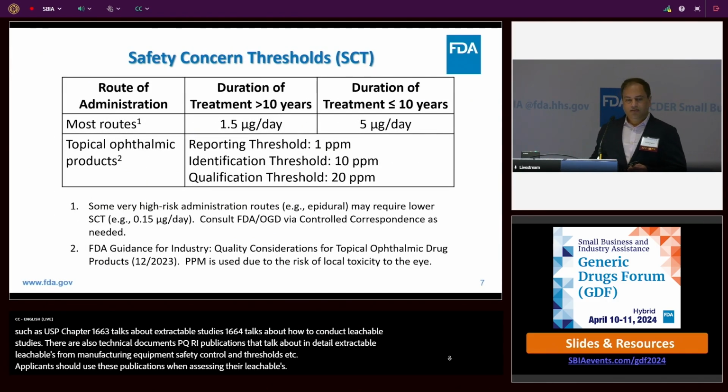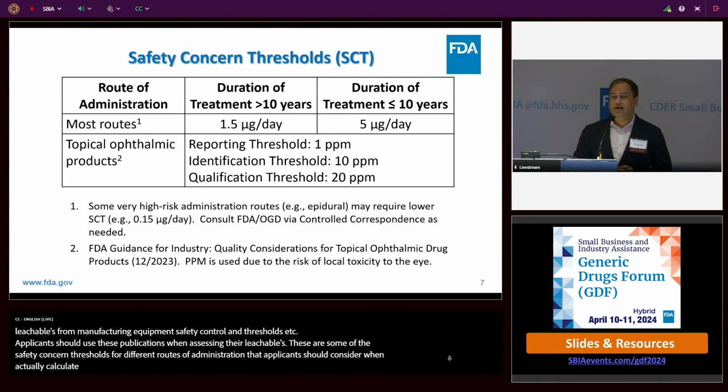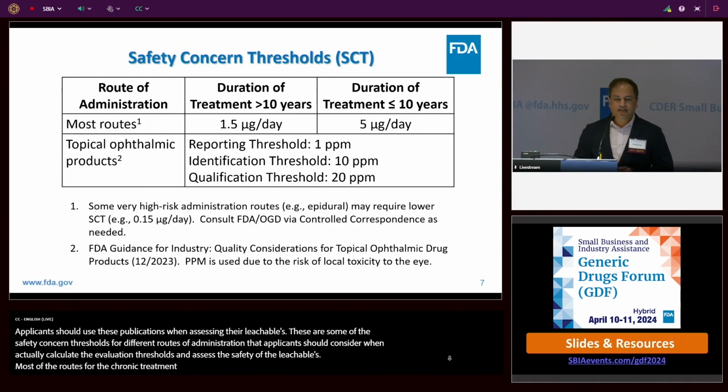These are some of the safety concern thresholds for different routes of administration that applicants should consider when they calculate analytical evaluation thresholds and assess the safety of the leachables. For most of the routes that are for chronic treatment, the safety concern threshold is typically 1.5 micrograms per day. For the non-chronic ones, it's 5 micrograms per day.